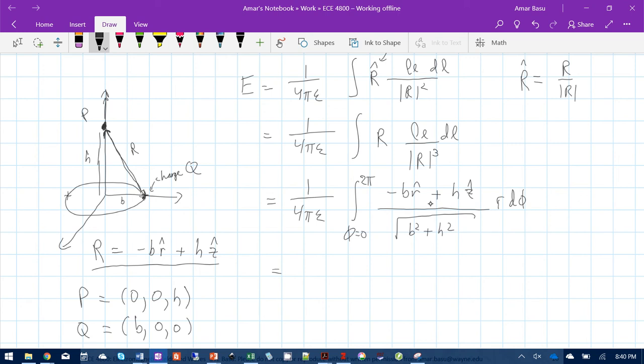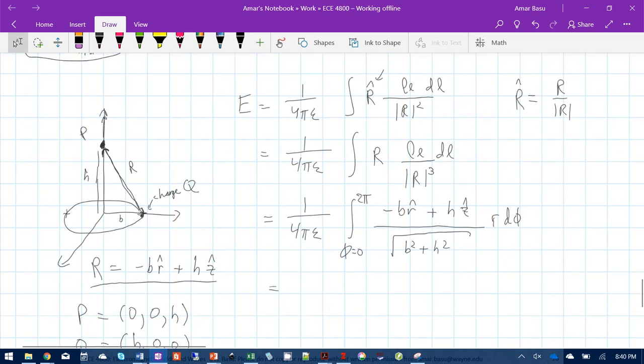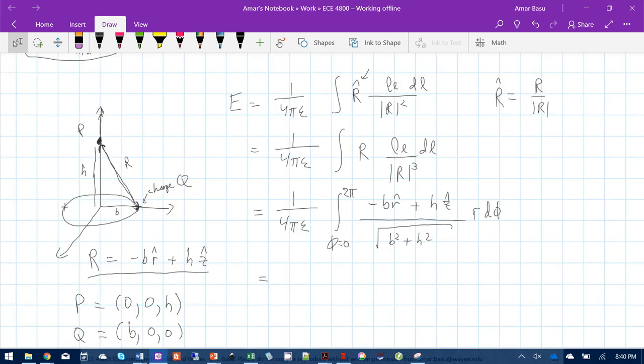Now again, just like we did in the problem last time with the infinite line of charge, we can use symmetry to make this math a little bit easier. Which term can we cancel out in this problem? We can cancel out the r hat term.